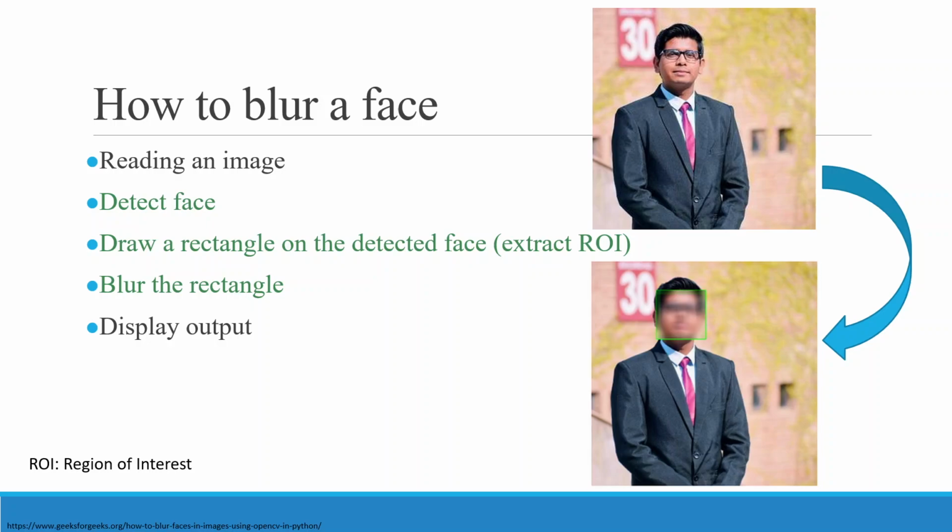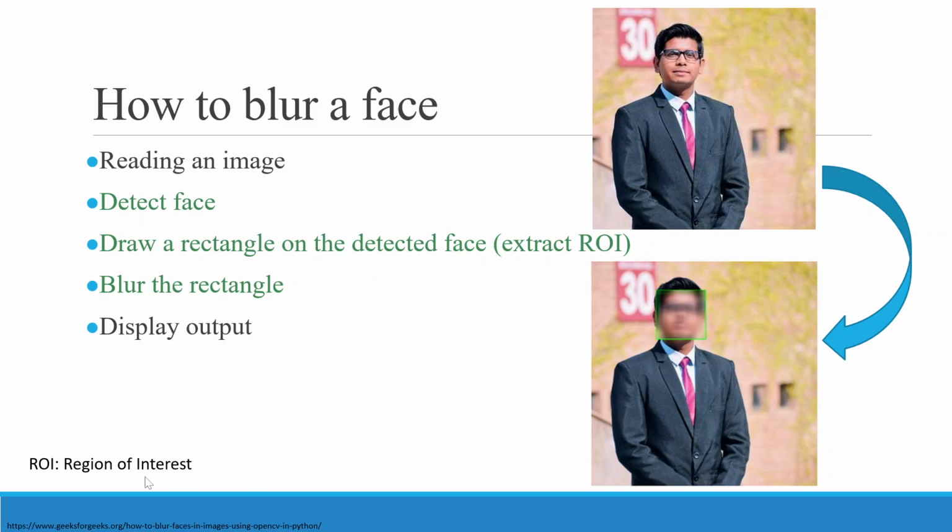In the first step, we read an image like this, and then we detect the face, which is where the face is, and then we draw a rectangle on this detected face, and we call it the ROI.